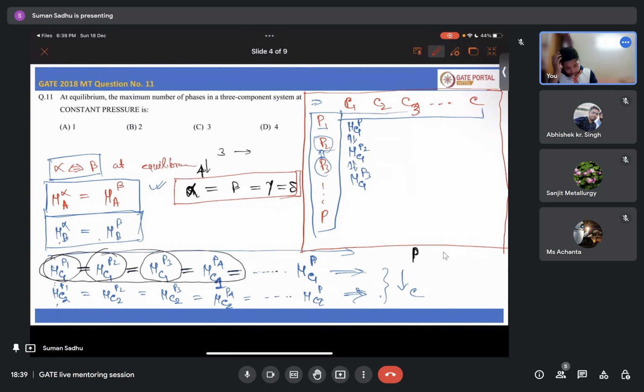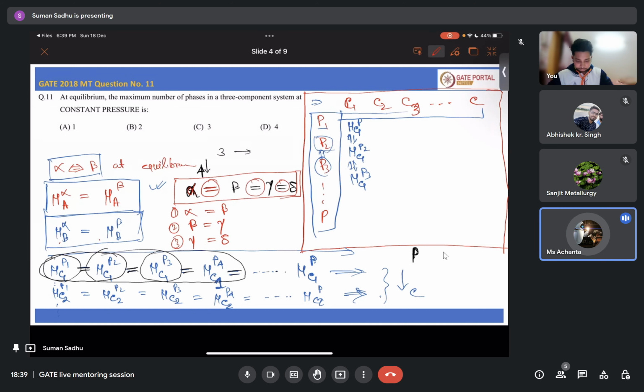So you have four phases, but when I am asking how many equilibria are there, that means one equilibrium is your alpha in equilibrium with beta, your beta is in equilibrium with gamma, and gamma is in equilibrium with delta, right? So total three equilibria, one, two, three, right?